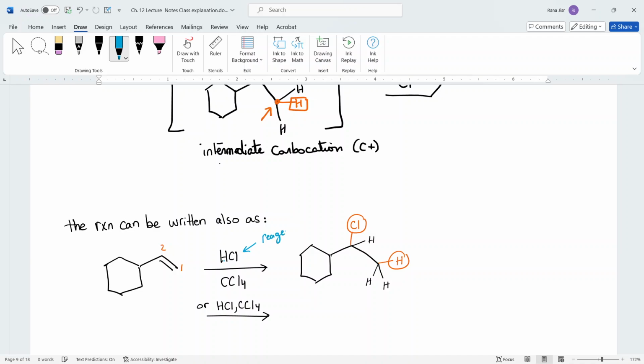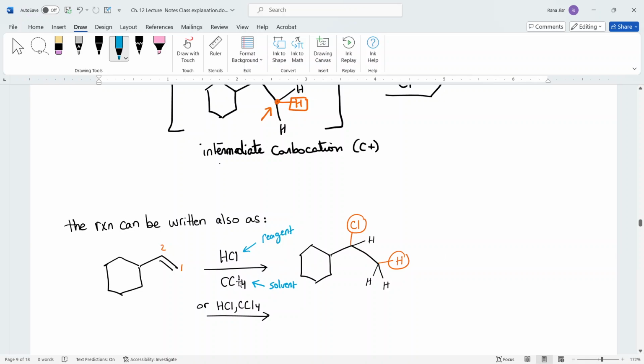This is the reagent on top of the arrow, and on the bottom here, that's going to be a solvent. Notice that the solvent has no role in here, so you don't see it. Why you don't see it? Because your product is supposed to be dissolved in the solvent at the end. So you don't see it in there. It has no role.